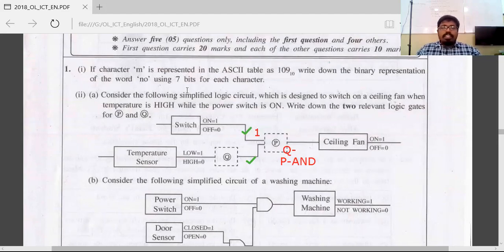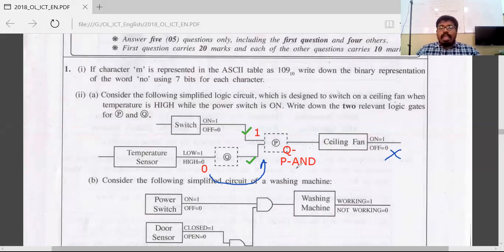But when temperature is high, the actual Boolean value is 0, right? They gave it. When we provide that 0 to the next input for the P, 1, 0, it will be 0, fan will be off. But what we want, fan must be on.